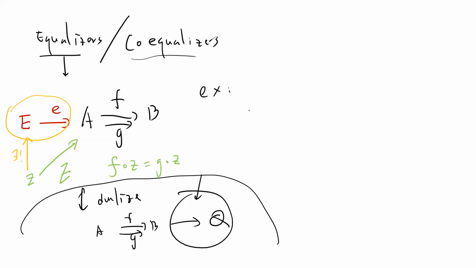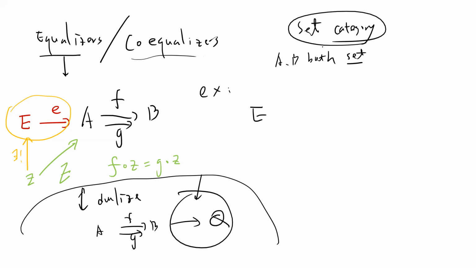Let me just give you an example of the equalizers. Let's say A and B are both sets, so now we are working in the category of sets, where each object is a set and the morphism is just a map between two sets. Let's define E to be the x belonging to A such that f of x equals g of x.